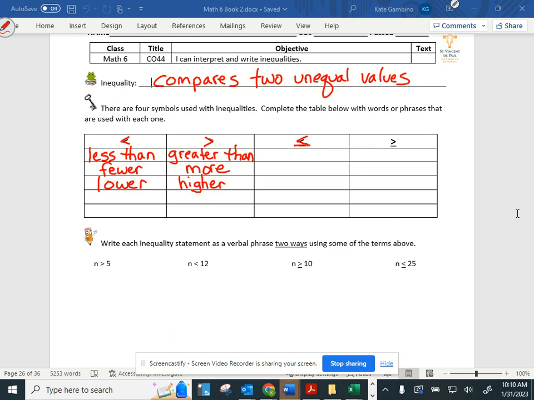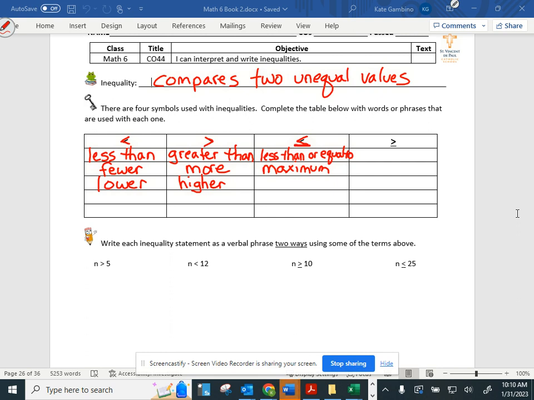This symbol here is less than or equal to, because it's got that little equal sign on the bottom. So when it's got that equal on the bottom, it's less than or equal to. You might see words like maximum. The maximum amount of money he can spend is $25. So that means he could spend 20.